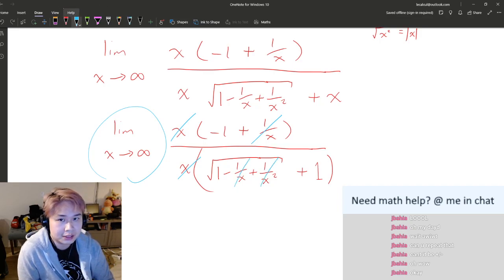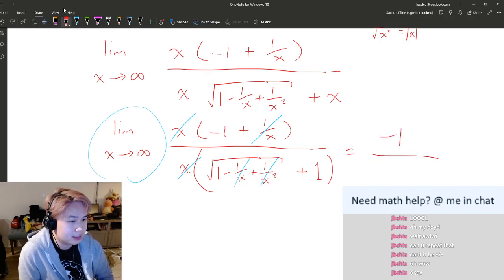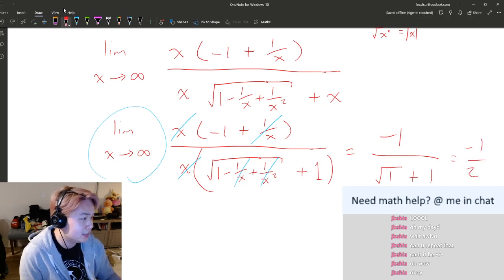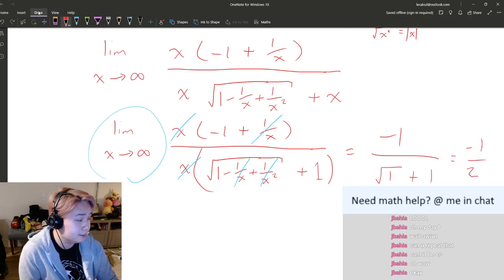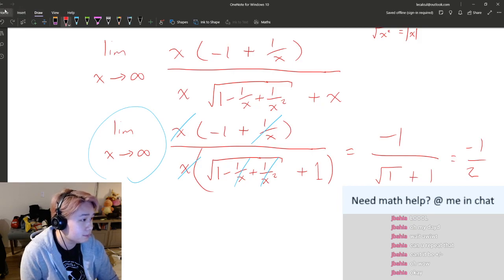So look at what you're left with. In the numerator, you have -1. In the denominator, you have square root 1 plus 1, which is -1 over 2, which is the answer we saw online. So hopefully this makes sense, what we're doing. Let me know.